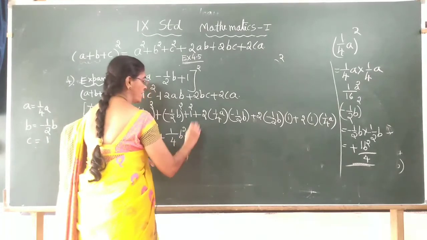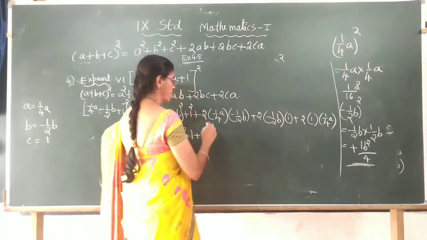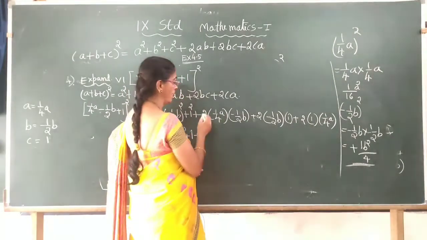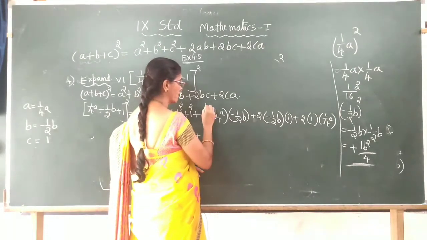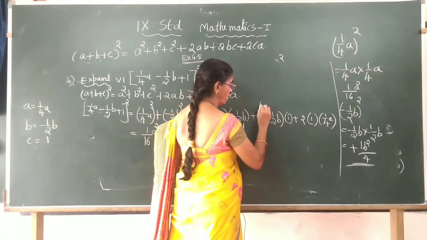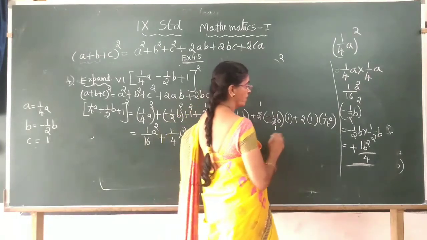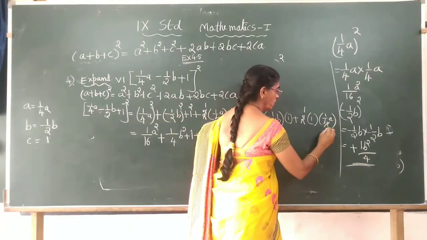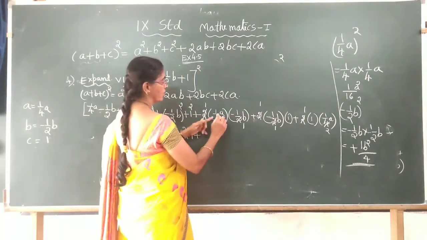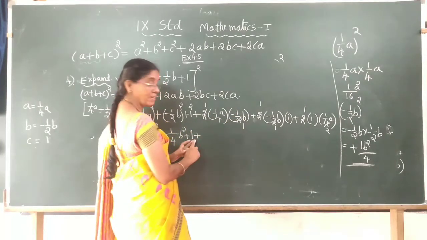1 square is 1. Plus, we'll simplify this: 2 into 1, or you can divide first, then multiply. The 2 in the numerator cancels with the 2 in the denominator.